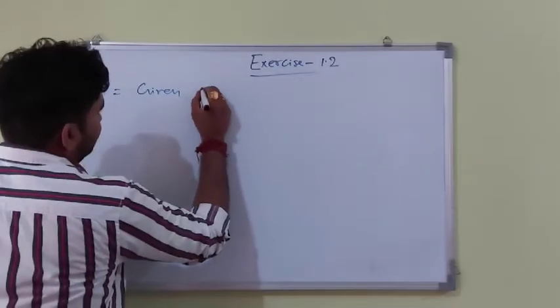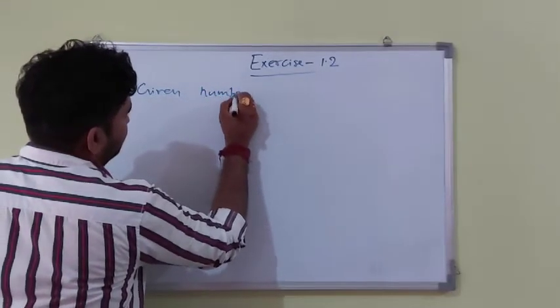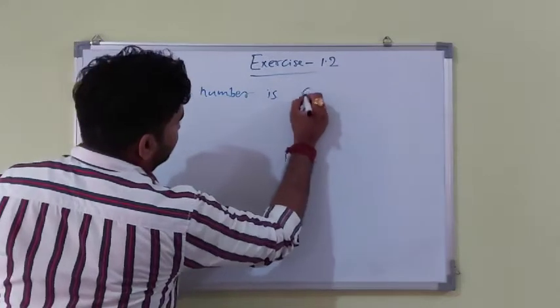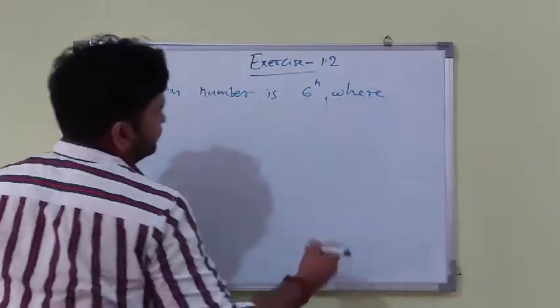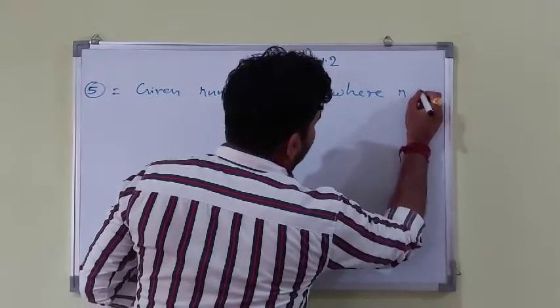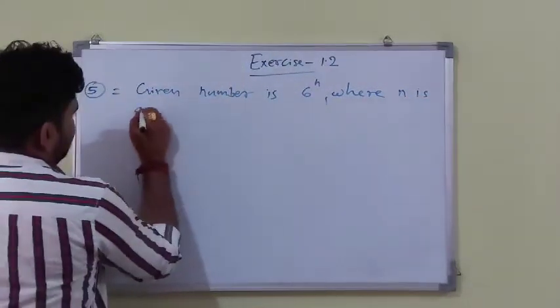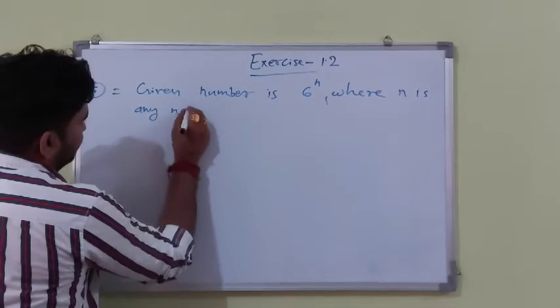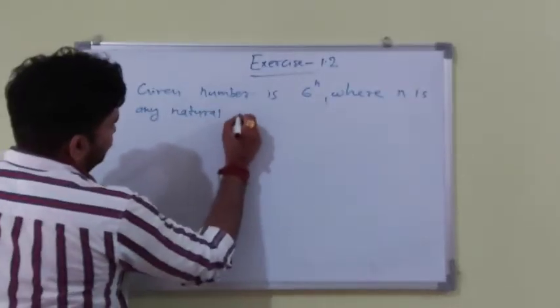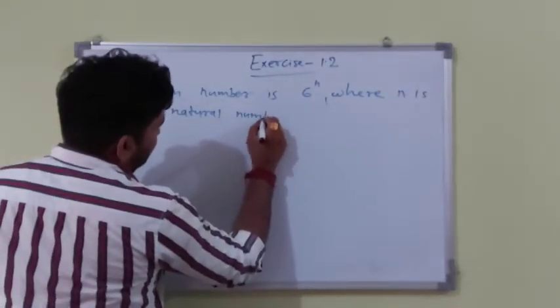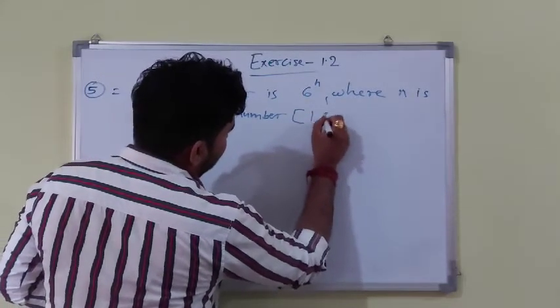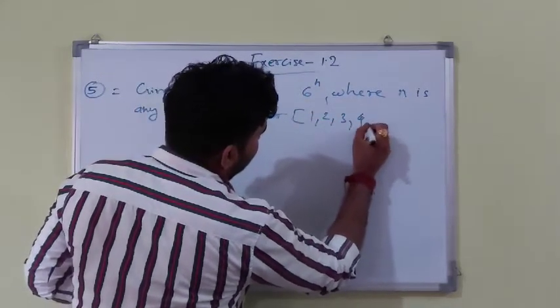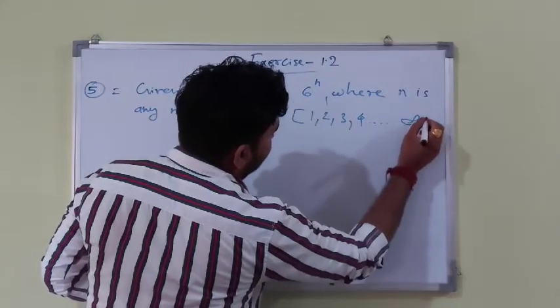The given number is 6 power n, where n is a natural number, which is 1, 2, 3, 4, up to so on infinity, any number.